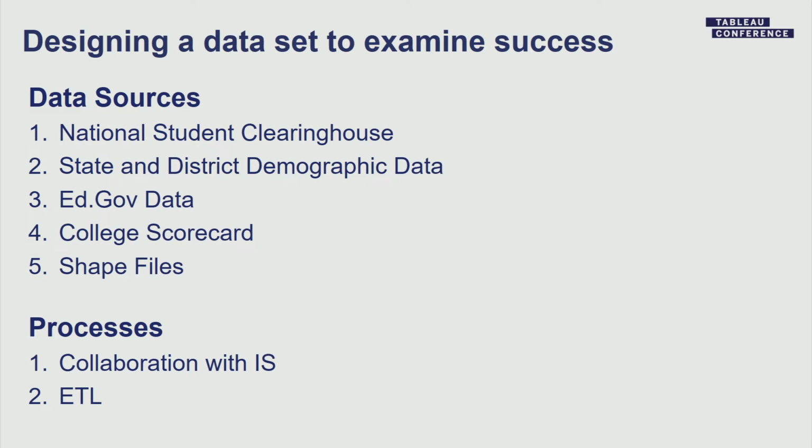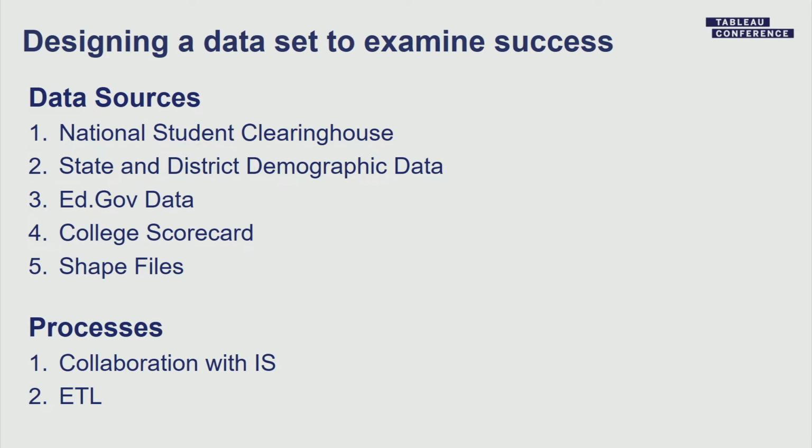We have the College Scorecard, which comes from the US Department of Education. You all can go and download that data set. And then Norm found a shapefile, and one of our super awesome IT guys also built some shapefiles for our district as well. And the state and district data that we submit to the state actually has exit codes, right? And so the exit codes tell us who graduated or who completed.